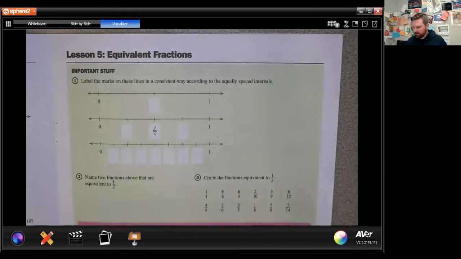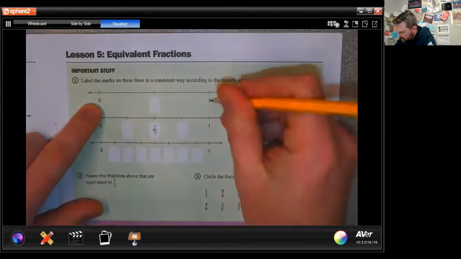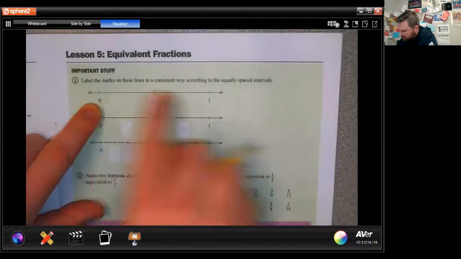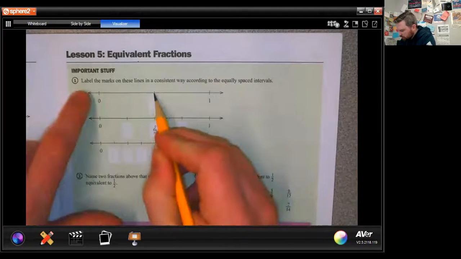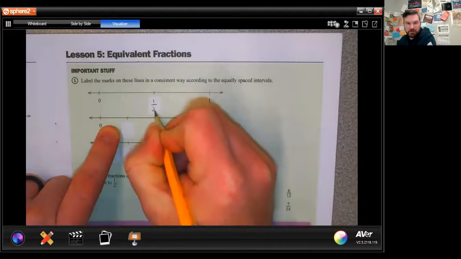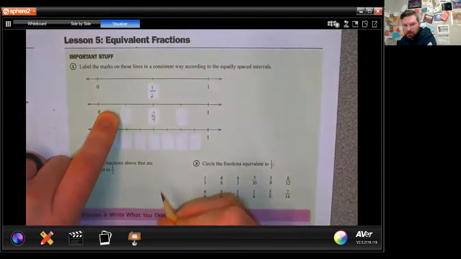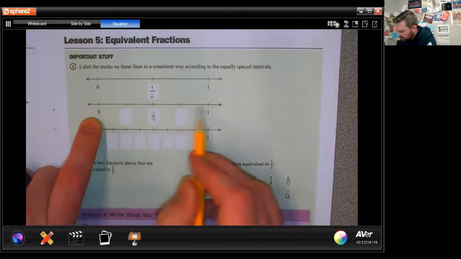Okay, so we have 0 to 1, and I have 2 spaces, and I want the number right between. So if you have 2 spaces and you want the first one, that would be 1 out of 2 spaces. Okay, here we have 1, 2, 3, 4 spaces.